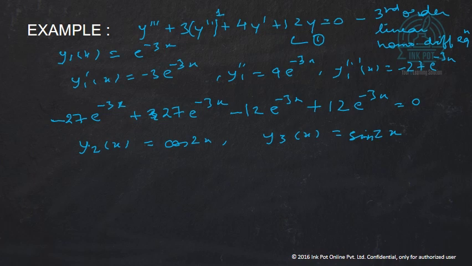So by theorem 1, these are the solutions for all x in R. So by theorem 1 what do we get?